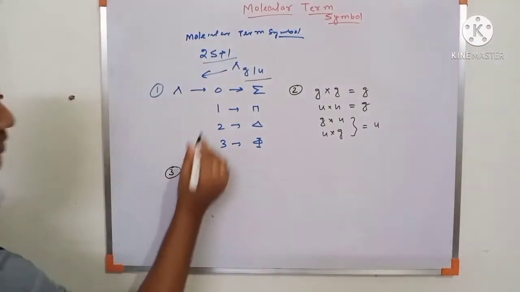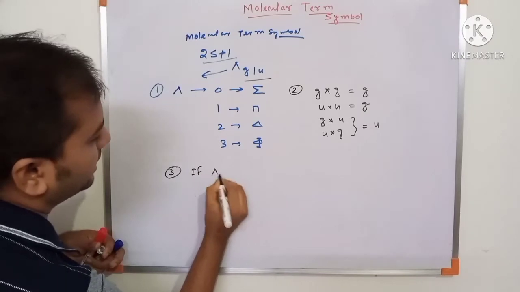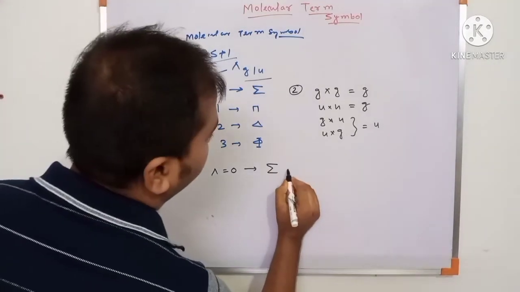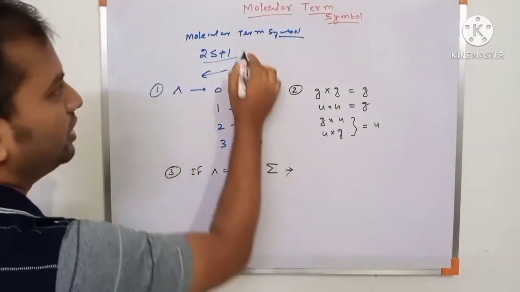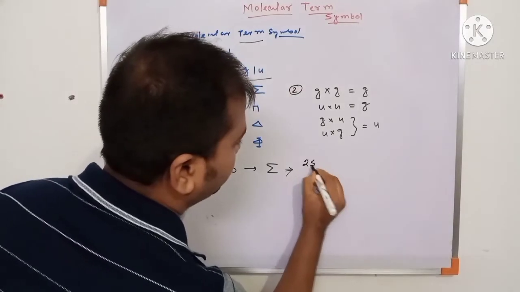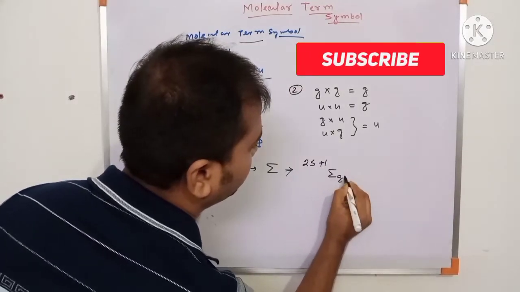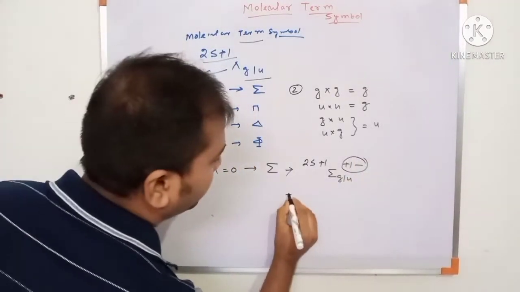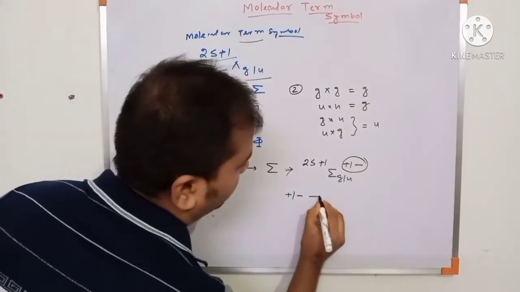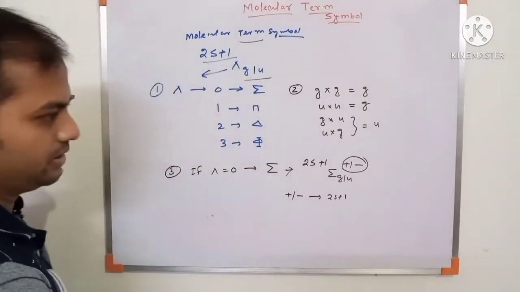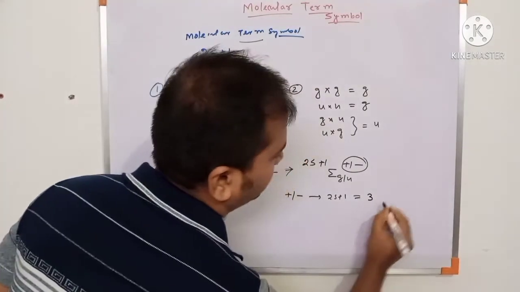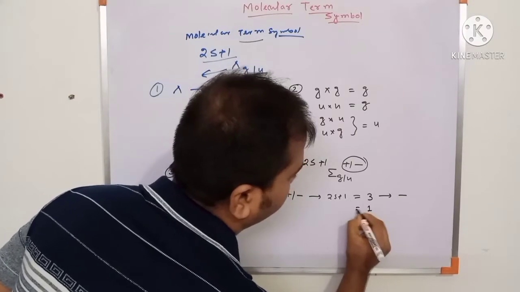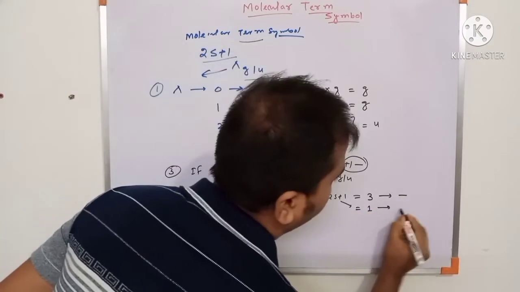And third, if lambda equal to 0, then the spectroscopic term is sigma. In case of sigma, the molecular term will change. This is 2S plus 1 sigma g or u plus or minus. This plus or minus depends on the 2S plus 1 value. If 2S plus 1 equals 3, then minus sign, and if 2S plus 1 value equals 1, then plus sign.